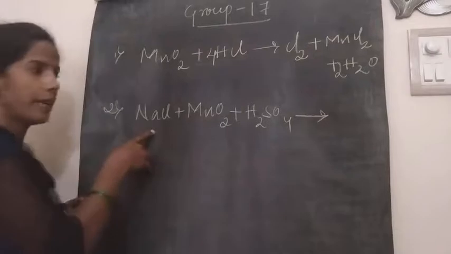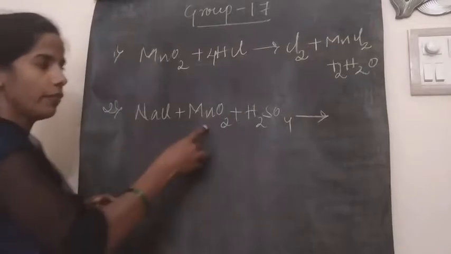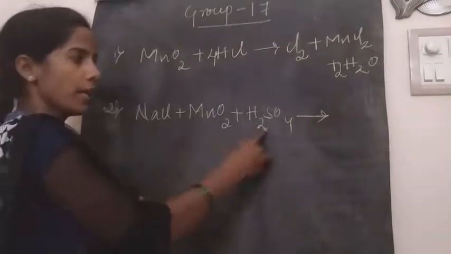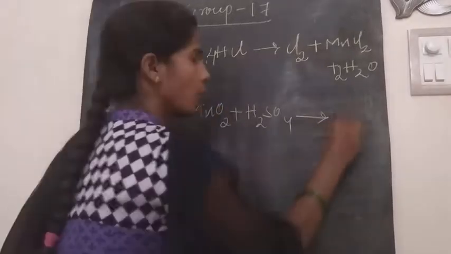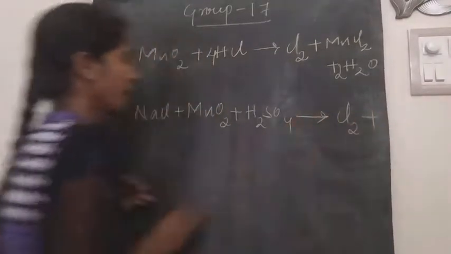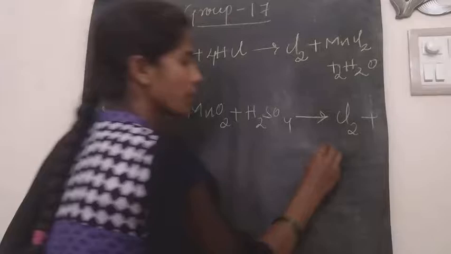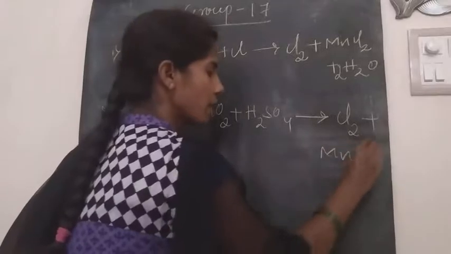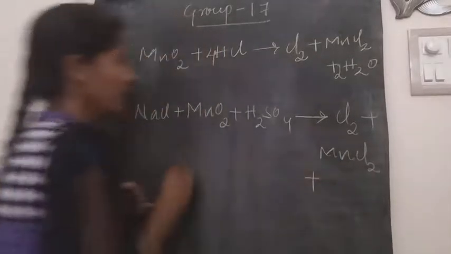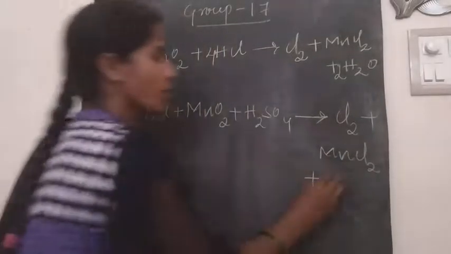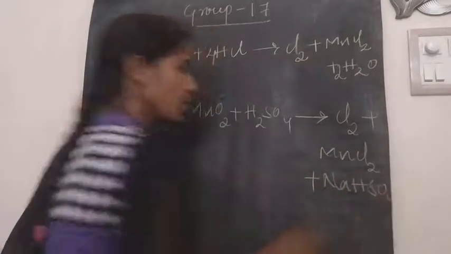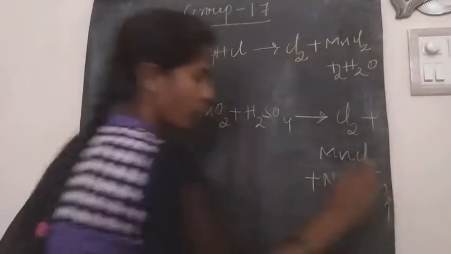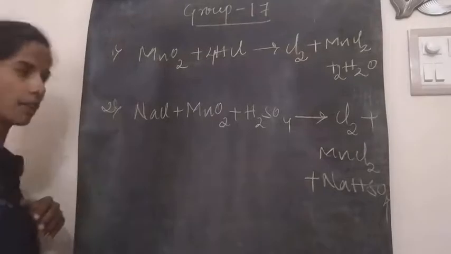That is the heating of sodium chloride with manganese oxide in the presence of H2SO4. The chlorine gas is liberated, manganese is removed in the form of MnCl2, and the sodium is removed in the form of NaHSO4, sodium hydrogen sulfate.